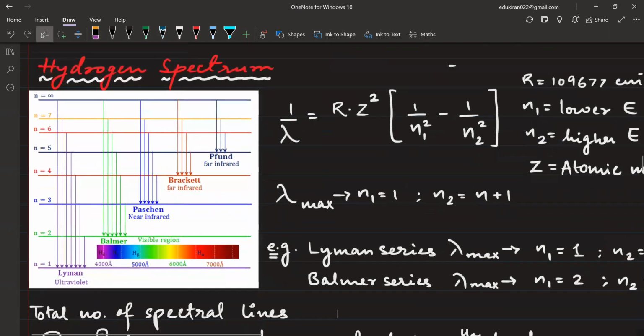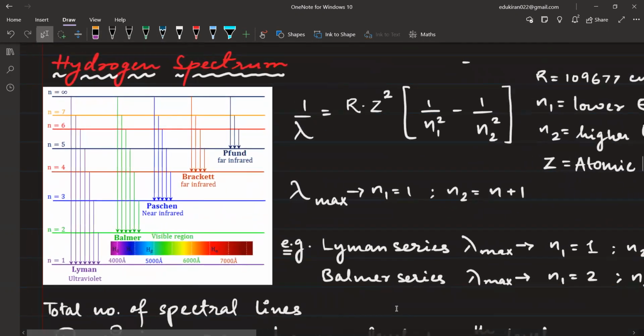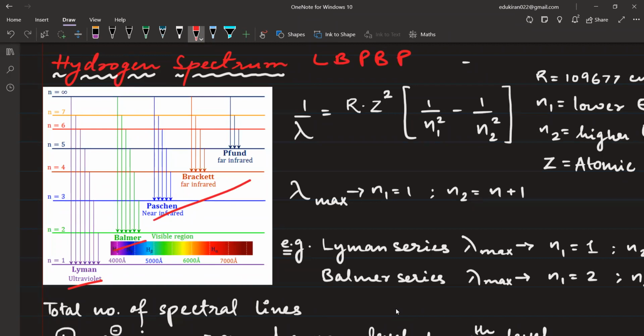Okay. Now in hydrogen spectrum, you have to remember it like this: LB PBP. LB PBP याद कर लीजिए. So you have Lyman, Balmer, इसमें 1, 2, 3, 4, and 5.